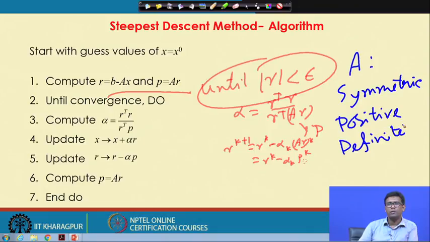Then the problem we are solving is not finding A x is equal to b, not minimizing J. If it is not symmetric, we are solving half of A plus A transpose x is equal to b, a different problem.